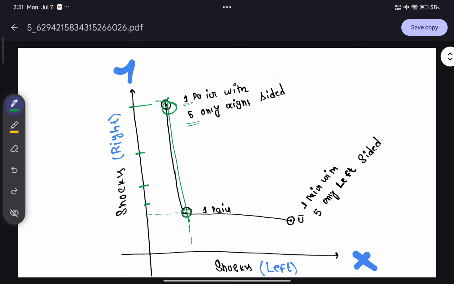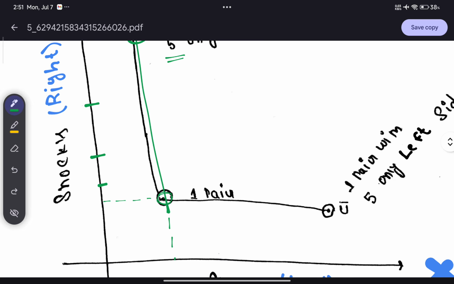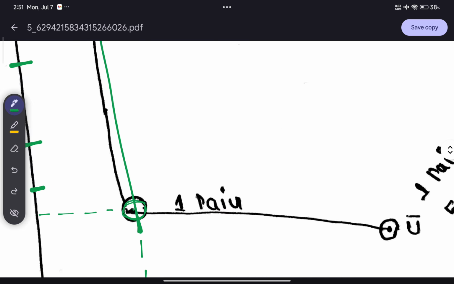But the problem is this also gives us the same utility, because these 5 right-sided socks are of no use unless you also have 5 similar left-sided socks. So this gives us the same utility that we got from the one pair of socks in the initial phase.